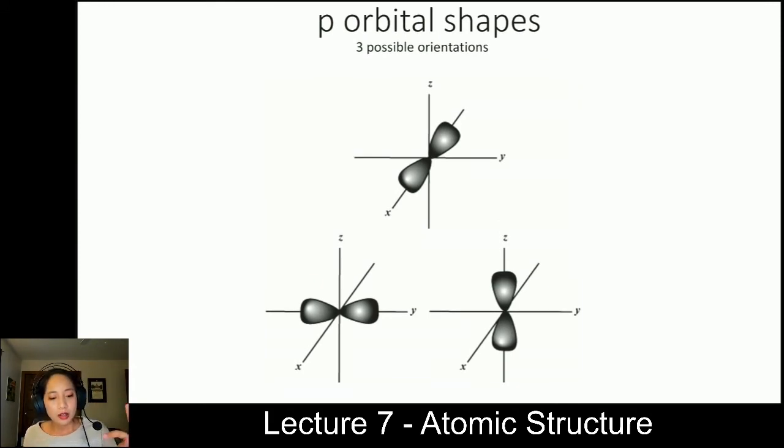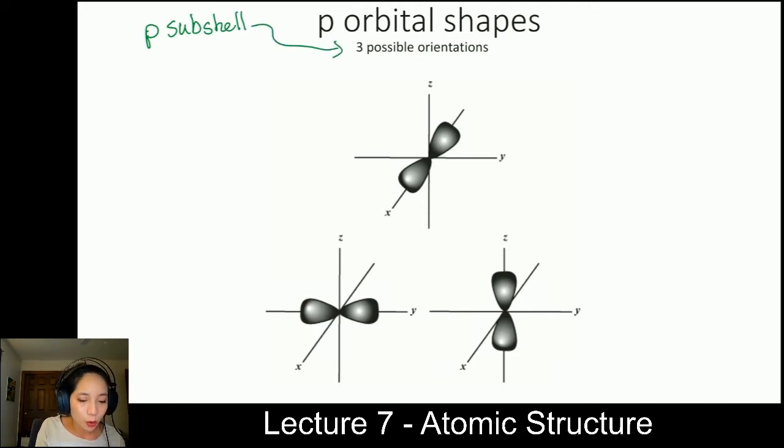Within our p subshell there's a possibility of 3 orbitals, 3 possible orientations. These are our 3 possible p orbitals. Our p subshell is our second quantum number, and our orbital is our third quantum number.